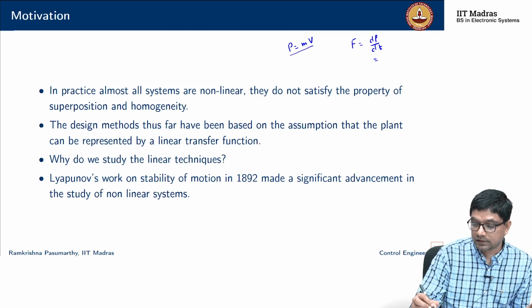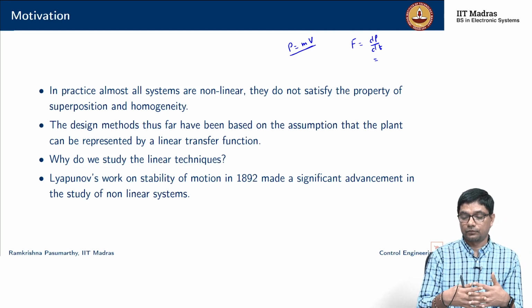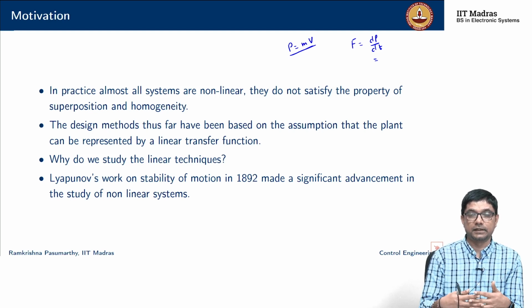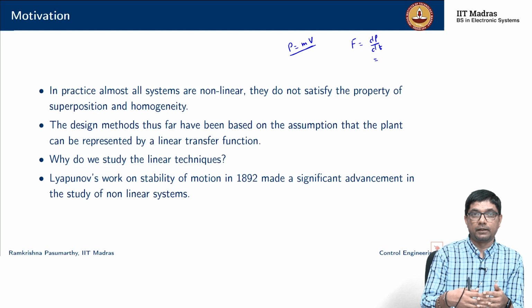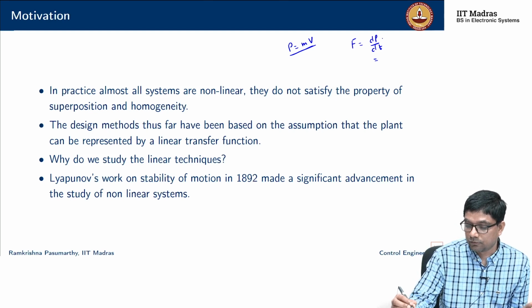This holds only for smaller velocities, but in the relativistic setting you may see that the momentum and mass are not linearly related. Once they are linearly related, this becomes m dv by dt, and dv by dt is acceleration.